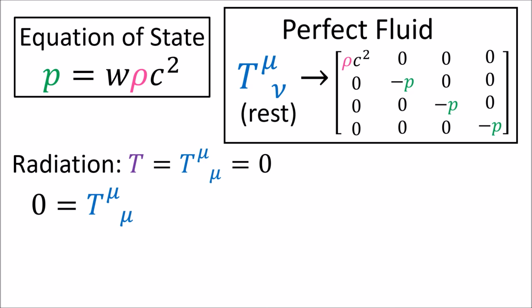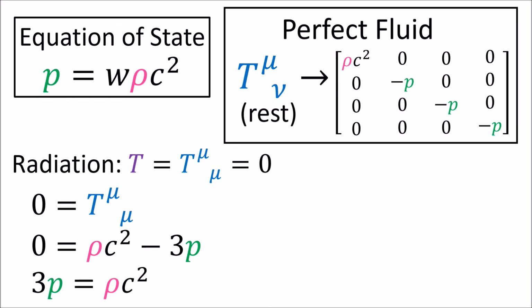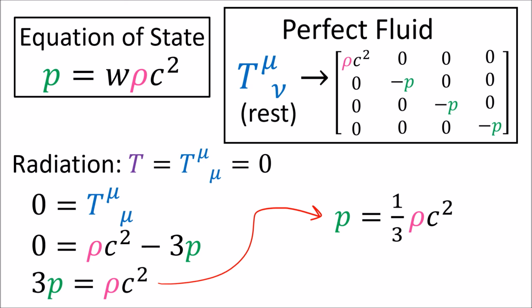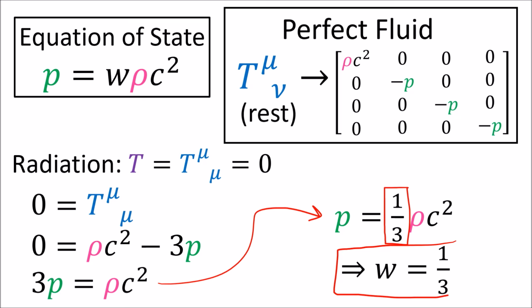Given our perfect fluid energy momentum tensor, its trace is the energy density minus 3 times the pressure. So the only way to set this to 0 is if energy density equals 3 times the pressure, that is, pressure is 1/3 of the energy density. So the equation of state for pure radiation involves a W factor of 1/3 between energy density and pressure.